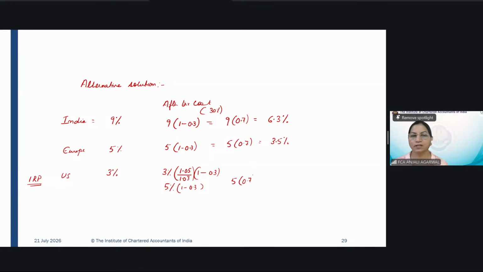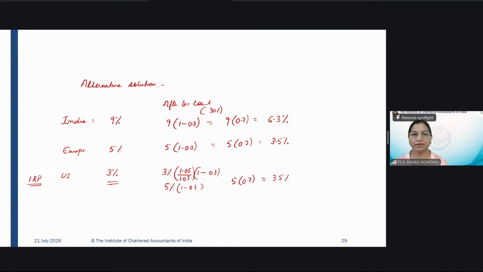So because of the interest rate parity holding good, the lower rate of US interest will not be able to give any benefit. This will get neutralized because of the currency, the European currency, which will depreciate against the US currency.